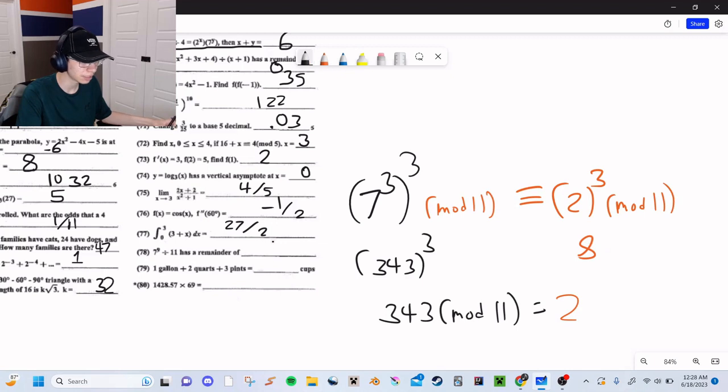And so 8 is my answer for 78. So we had to use modular arithmetic to get what we wanted. We had to be a little creative with this question. So yeah, modular arithmetic, very powerful tool.